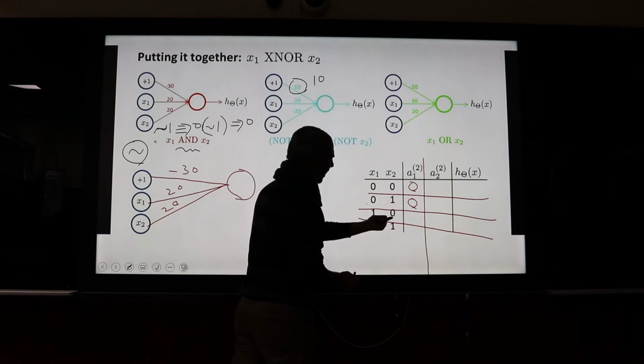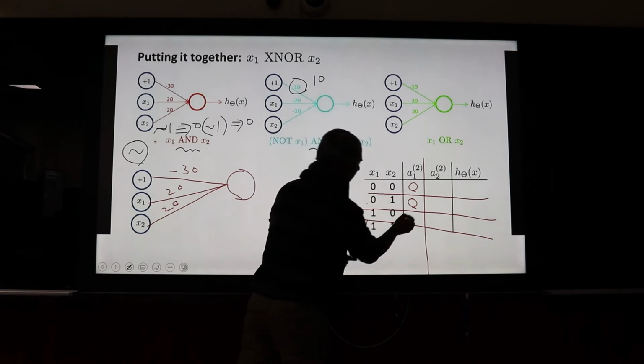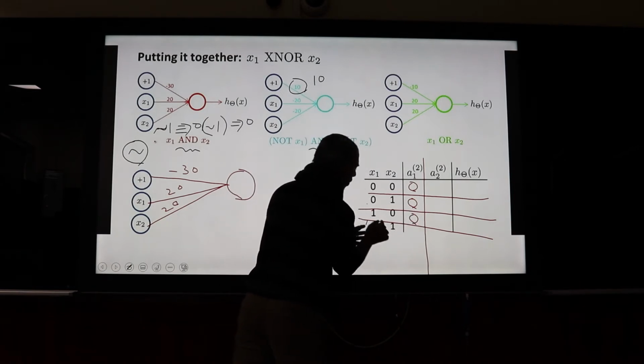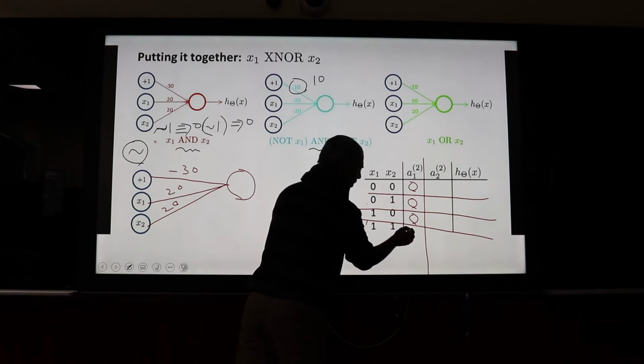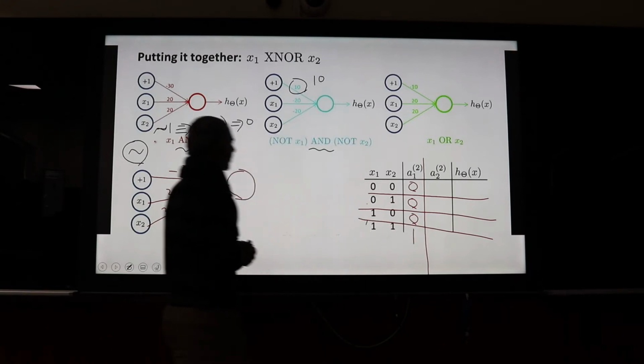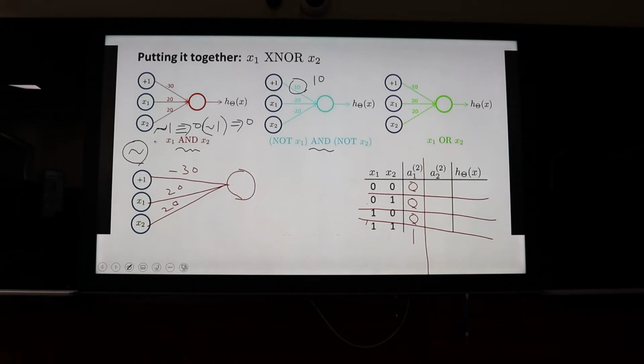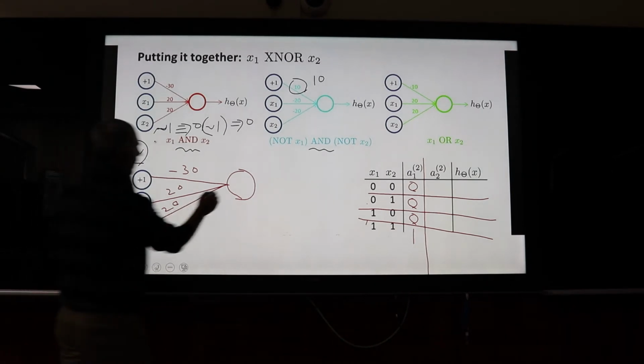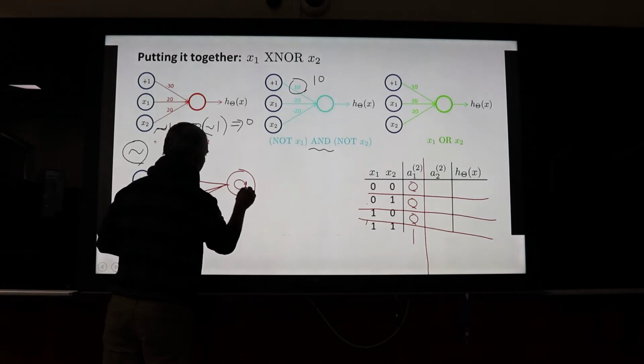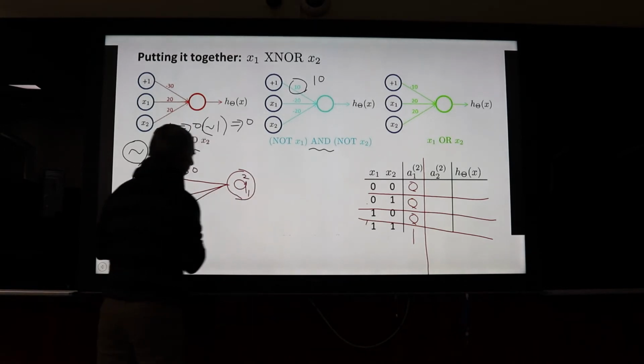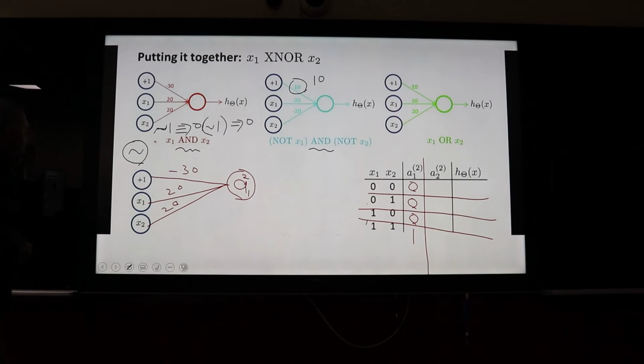The bulb will glow only and only when both switches are connected, so it's 1. Here at this position we are getting this, the first activation function of the second layer.